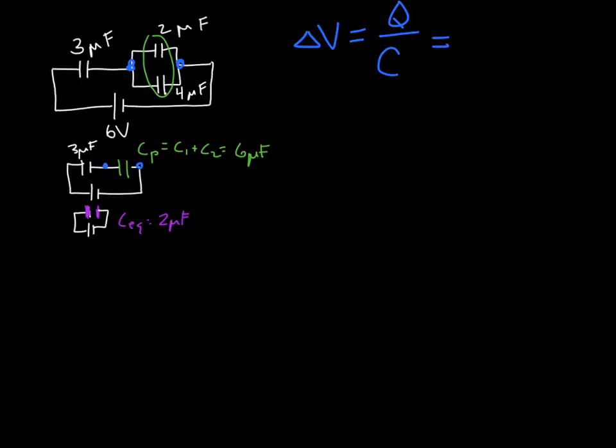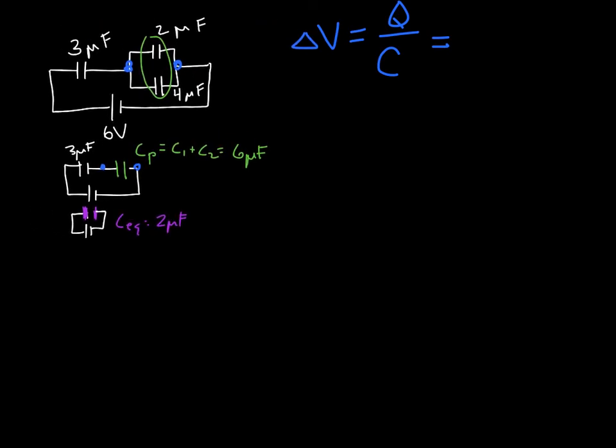which equals this charge. How do I know this charge? Well, if we look at this, this is in series, right? So this charge that flows through this 3 microfarad also flows through the equivalent capacitor. So if we find out how much charge goes through the equivalent capacitor, this gives us a clue to how much charge is going through this whole circuit.